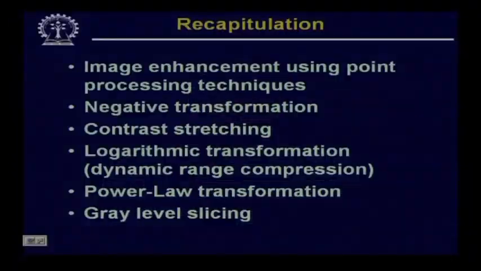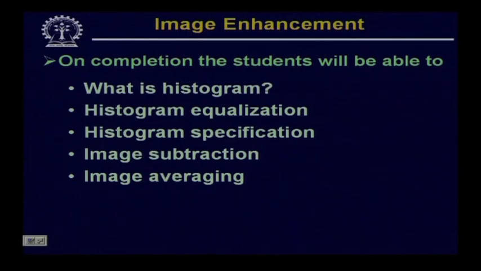Now, in today's discussion, we will talk about another approach where the transformation techniques also take care of the global appearance of the image. Histogram is such a measure which provides a global description of the appearance of an image. Today, a few of the enhancement techniques that we are going to discuss are based on histogram based processing.